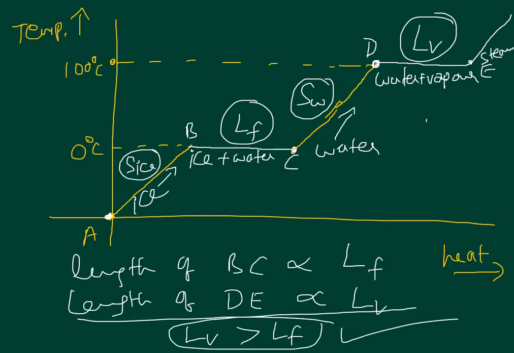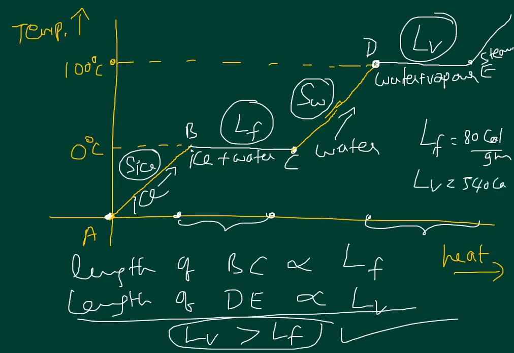We also know the values, right? L_F value is 80 calorie per gram. From here to here it takes 80 calories if you take 1 gram. From here to here it takes 540 calories for 1 gram. So the L_V value is 540 calorie per gram. So we know that L_V is greater than L_F.